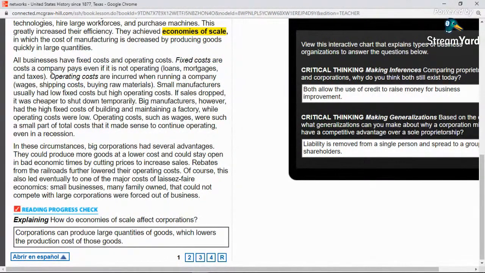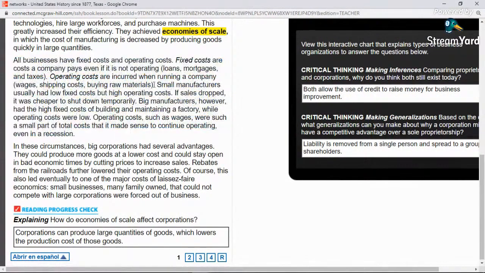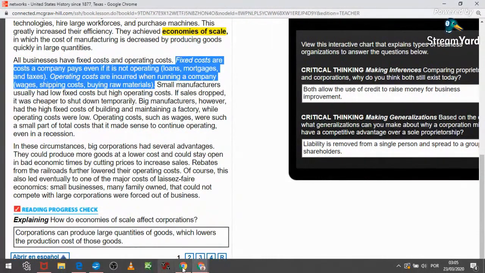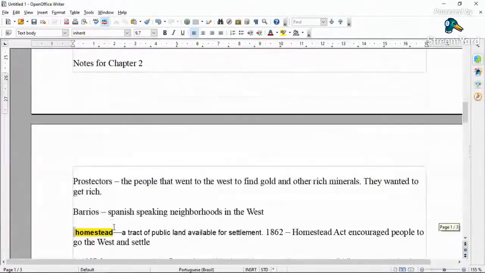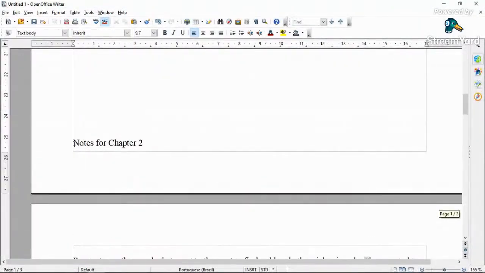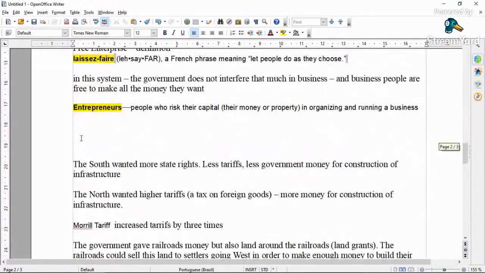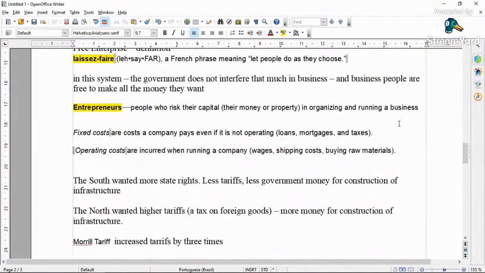Okay, and operating costs are what you spend when you are running the company. So these are two vocabularies that I think are important and could maybe be on a quiz later. I don't know because I can't see the quizzes, but I have an idea that things like this will be on a quiz. The difference between a fixed cost and an operating cost.